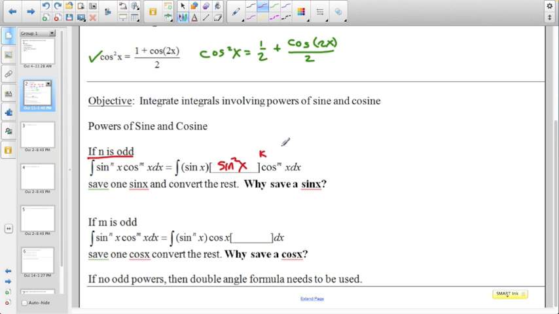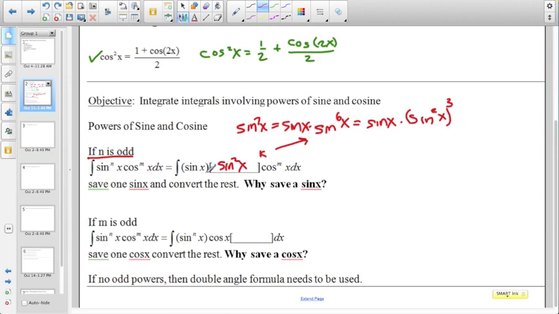And then what we can do, so this might be, for instance, writing sine to the 7th x as sine x times sine to the 6th x, where sine to the 6th x can be re-expressed as sine squared to the cubed power.